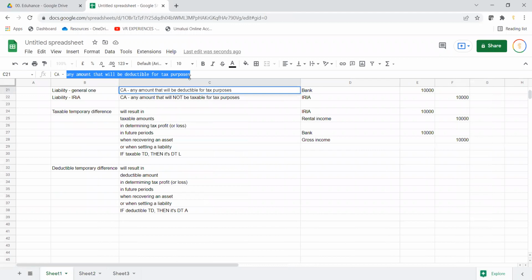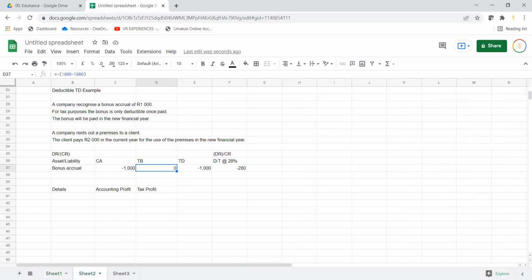What will be deductible for tax purposes? The full 1,000 Rand. So it is accounting carrying amount 1,000 minus what will be deductible in future, 1,000. So 1,000 minus 1,000 gives me 0.